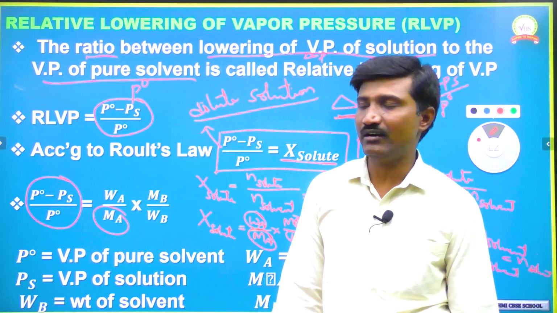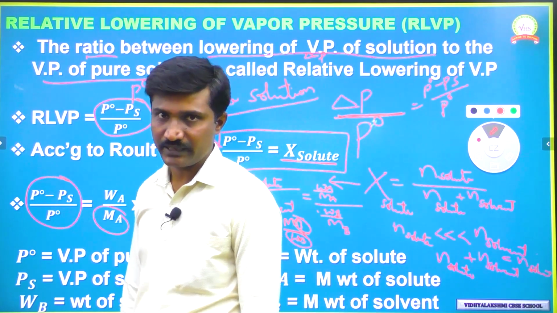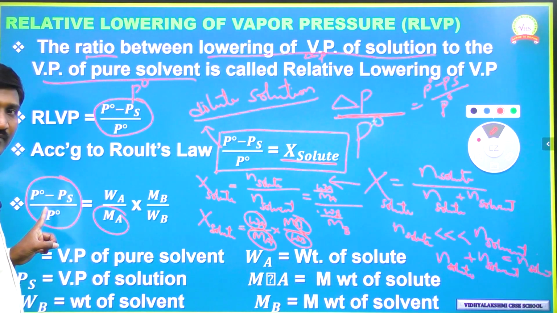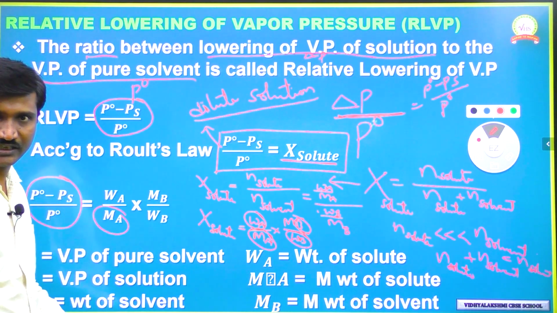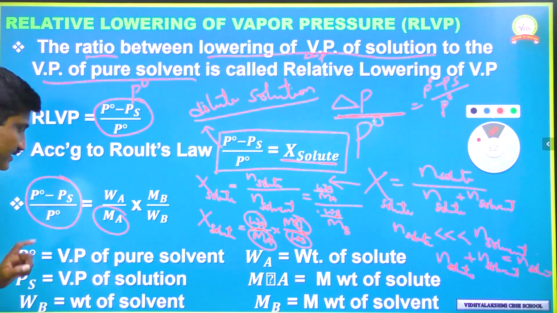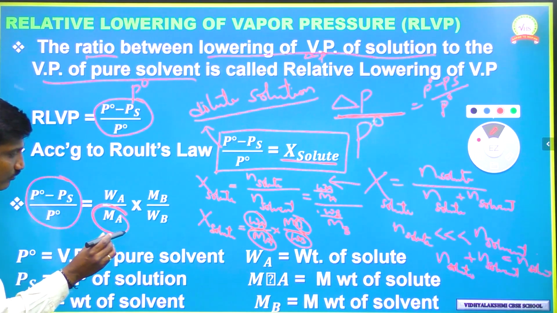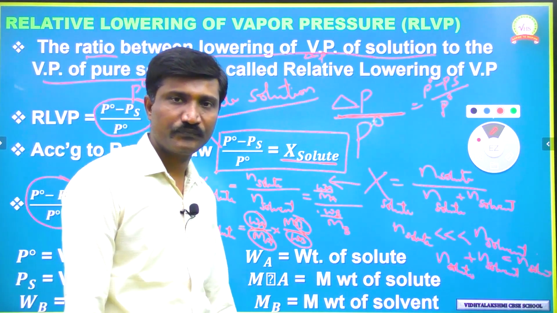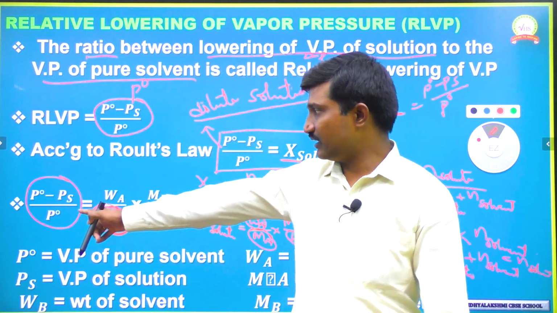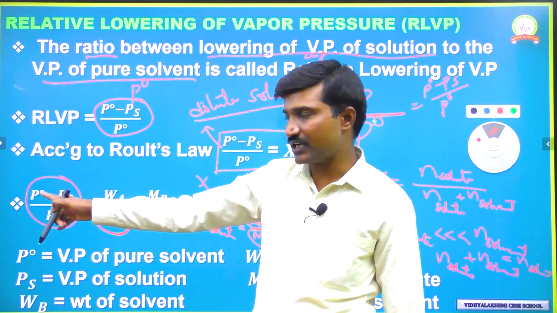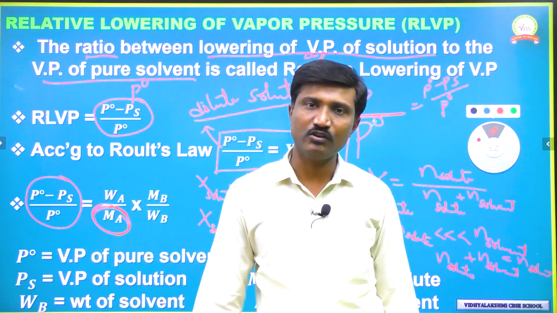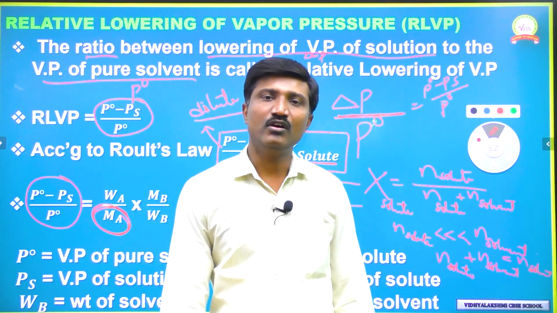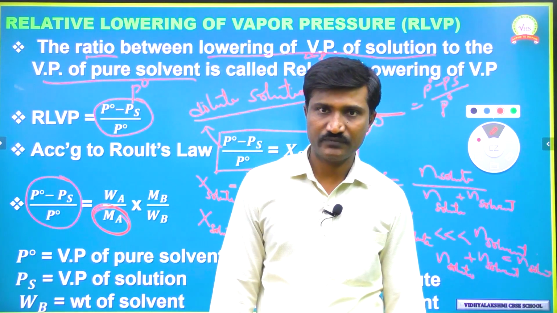That is the major advantage of colligative properties. Here the relative lowering of vapor pressure, P naught minus Ps by P naught, is a colligative property, and it is inversely proportional to the molar mass of the solute. So by using this equation, we can calculate the molar mass of the solute.